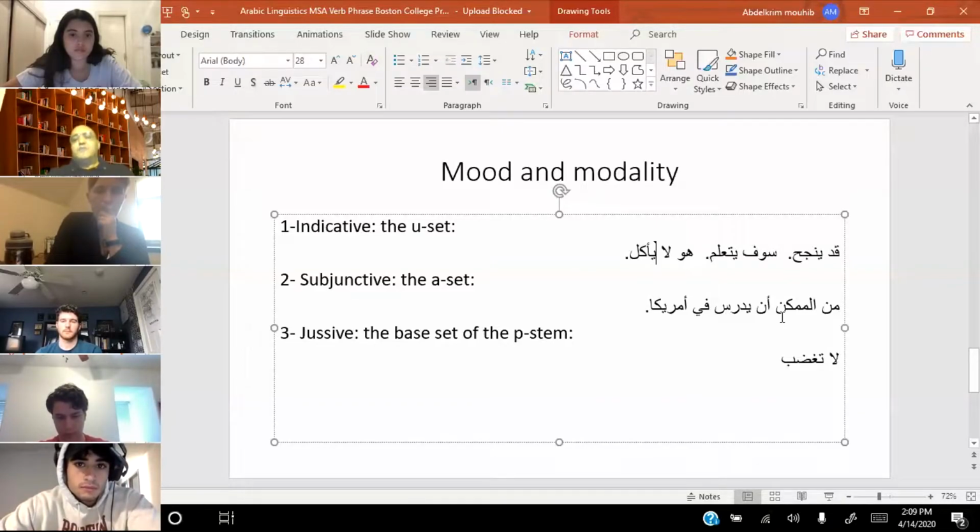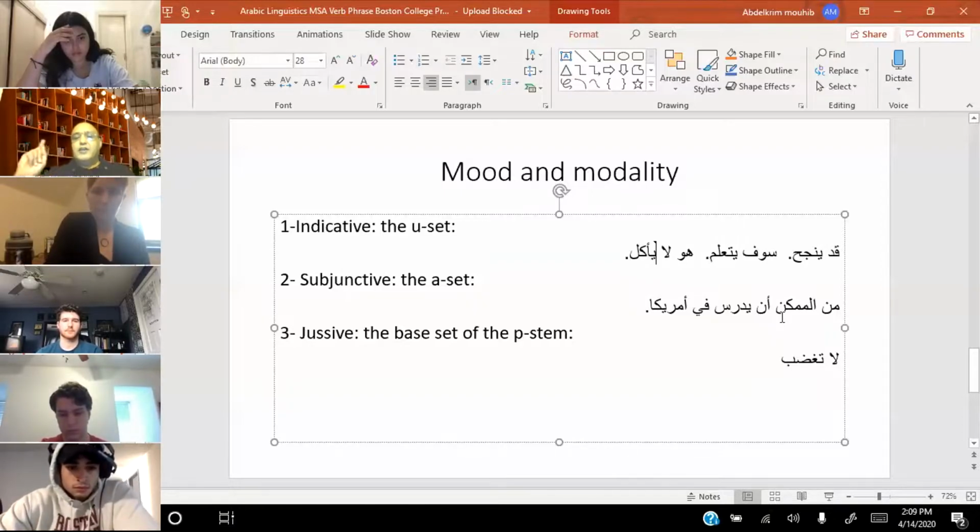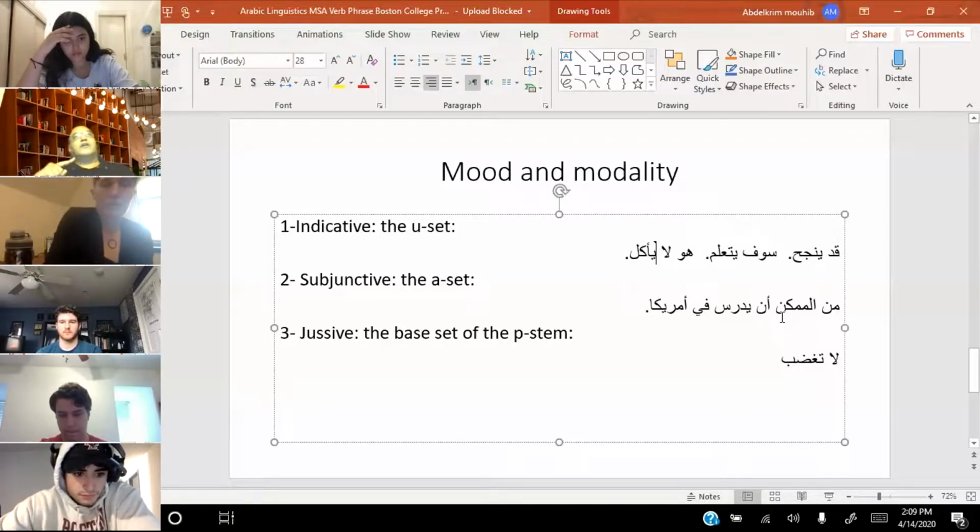And then the jussive, this is the most commonly found example in Arabic. When you use la, here it's different from the indicative la ya'kul. La taghdab. So imperative. When you are using a verb in the negative imperative form, la taghdab.